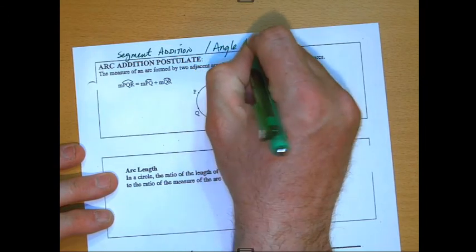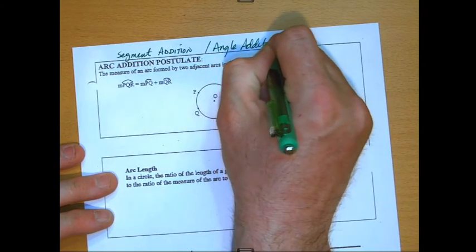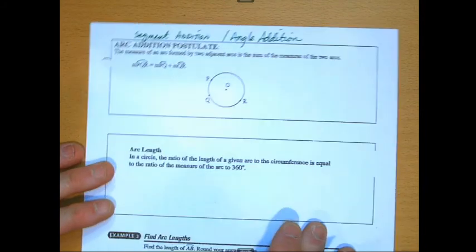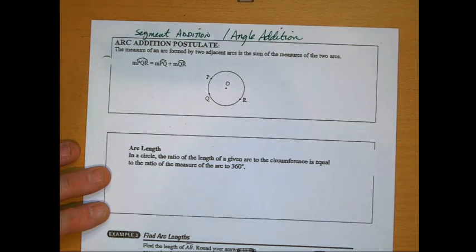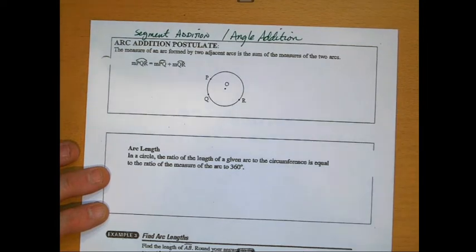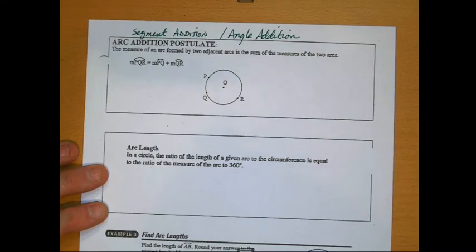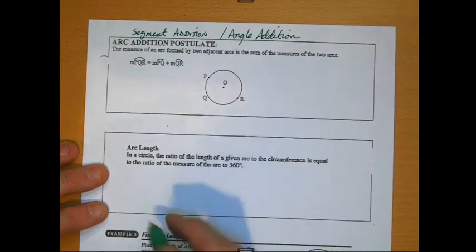The segment addition postulate stated that if 3 points were collinear, it broke the segment up into 2 smaller parts. The sum of those 2 smaller parts was equal to the whole segment. Same with the angle addition postulate: 2 or more smaller angles add up to the bigger angle, but those angles have to be adjacent. Just like this.